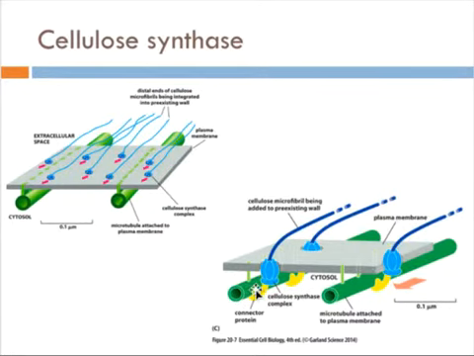So basically, the arrangement of the microtubules in the cytoskeleton is going to dictate the arrangement of the cellulose microfibrils in the cell wall, because these enzyme complexes can only move down the microtubules. So there's a direct connection, really, between the cytoskeleton, the internal structure, and the extracellular matrix, the external structure.